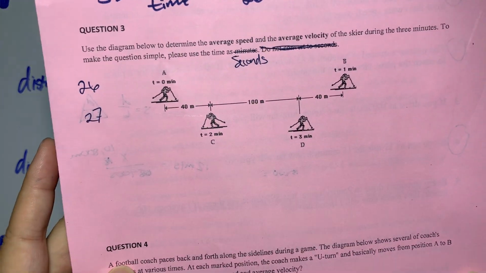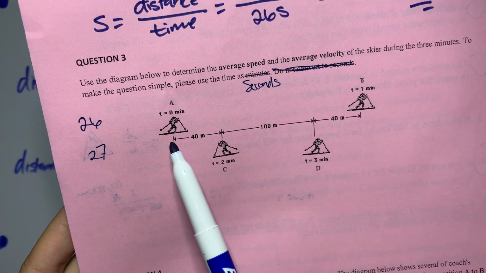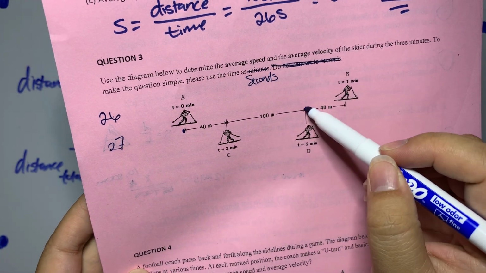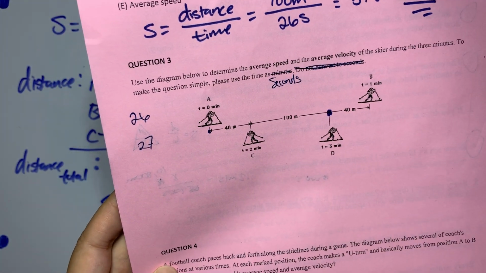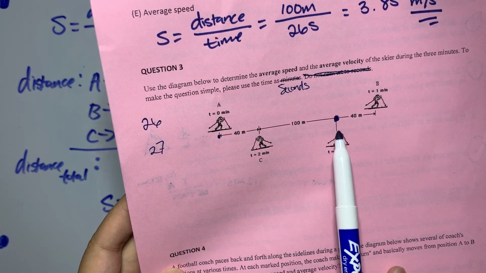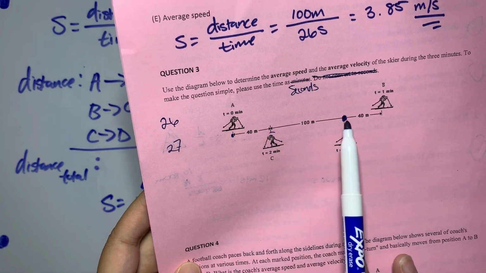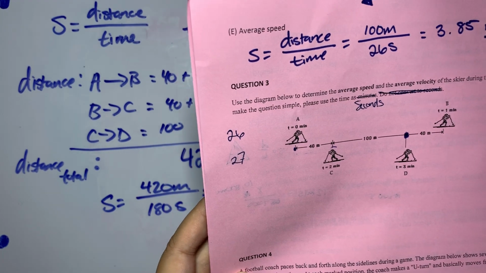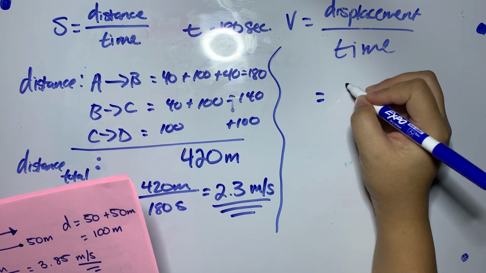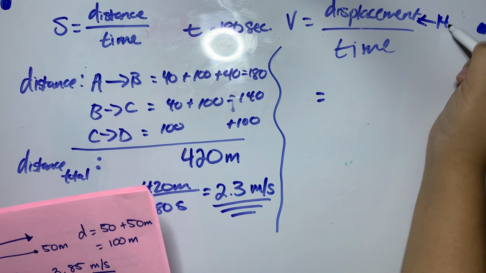So if you look in the image, he starts at 0, he ends up right here at point D. So what is my displacement? I started at 0, I went to D. You have 40 from here to here, and then 100 from here to here. So add them together. So my displacement, right here, is equal to 140 meters.